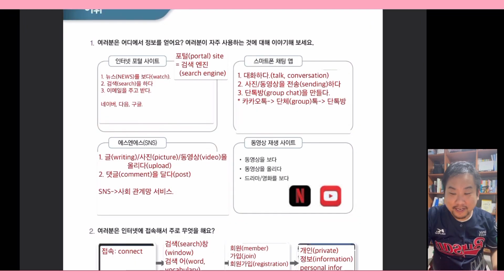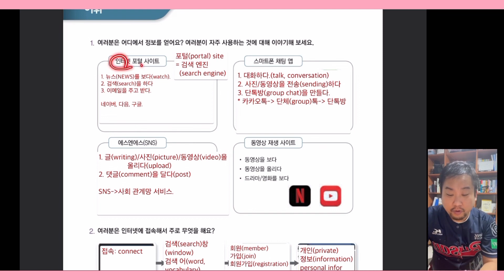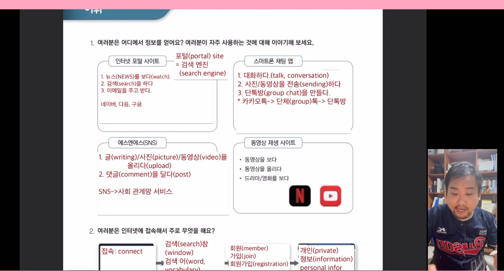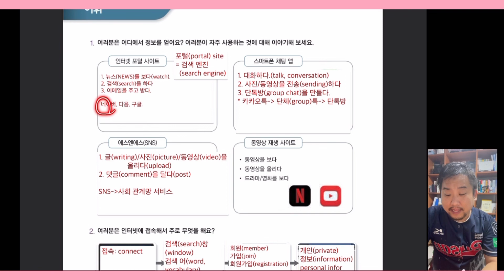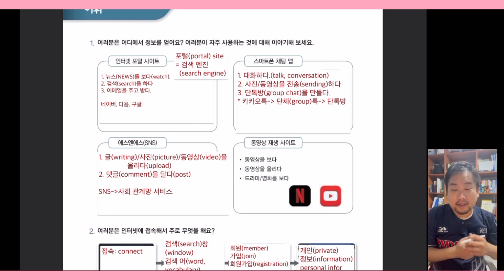So let's quickly check the vocabulary here. Internet portal site. A portal site is a kind of, in Korean we say, 검색 engine. 검색하다 is to index or search. Yes, we Koreans use Naver a lot. Naver, Daum, and nowadays more and more people are using Google, because some people say Naver and Daum are manipulated by some other groups, but Google is maybe neutral.